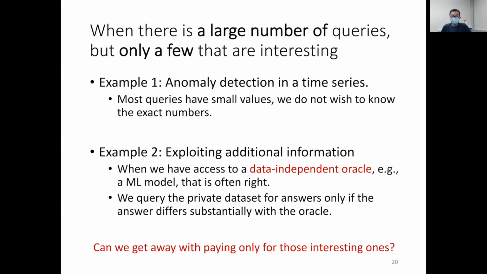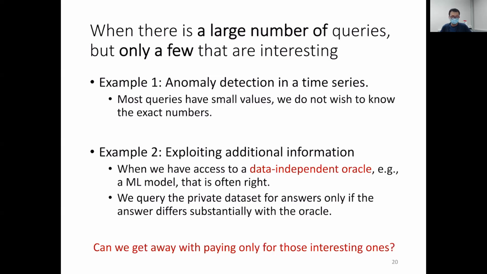If I can test whether the answer is correct, or more or less correct, compared to the number that I would have gotten by accessing my private data, then I can make the decision whether to listen to this oracle or to query the private data set for answers. Hopefully a big fraction of the answers that I need to query from the private data set will be saved, so I can save the privacy budget for the future.